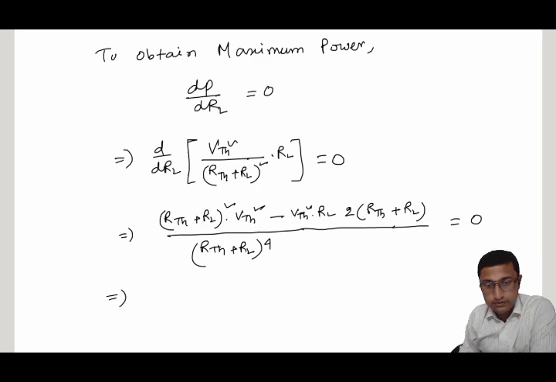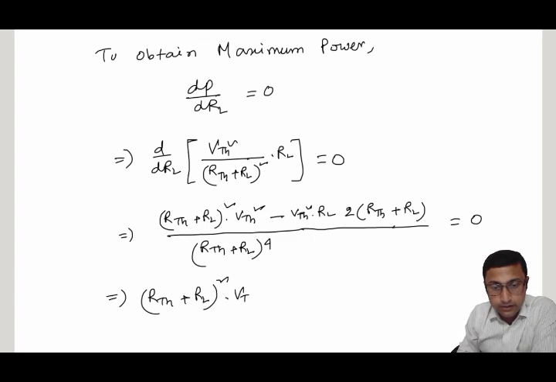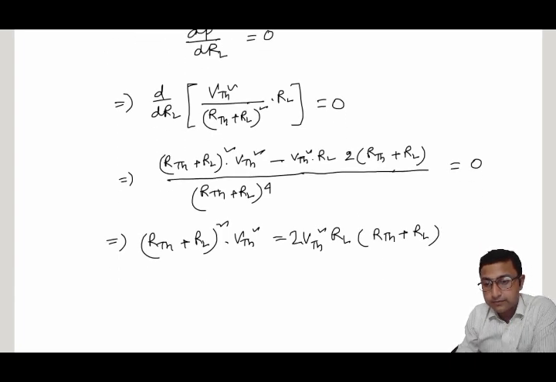So from this condition, simply you can write RTH plus RL whole square into VTH square, that is equal to VTH square RL into 2 RTH plus RL.